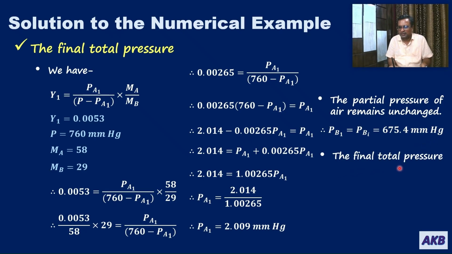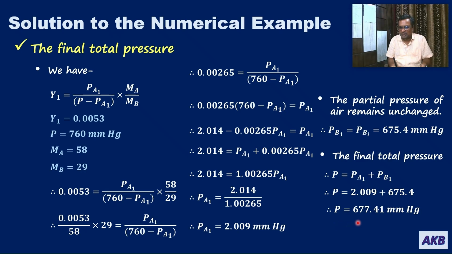And now we can get the final total pressure, which is P is equal to PA1 plus PB1. PA1 is 2.009, PB1 is 675.4. That gives us P as 677.41 millimeter of mercury. So that is the answer to the second part. They had asked us to find the final vapor composition.